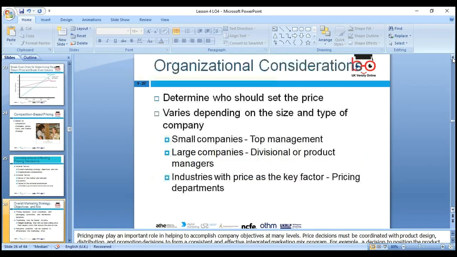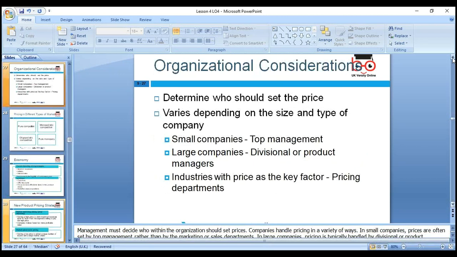What we have is a cost, and why the cost is going in. Organization consideration determines who should set the price, which varies depending on the size and type of the company. In a small company it is top management, and in a large company, divisional or product managers. Think about Unilever, Procter and Gamble and various other companies. They have operations in 100-plus countries, so they have different divisions and different regions.